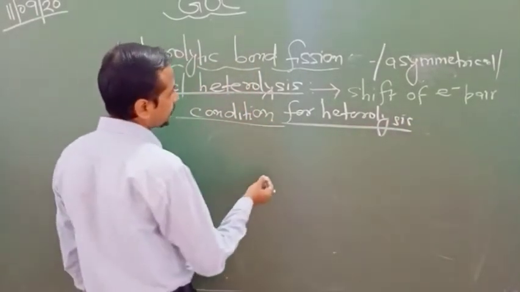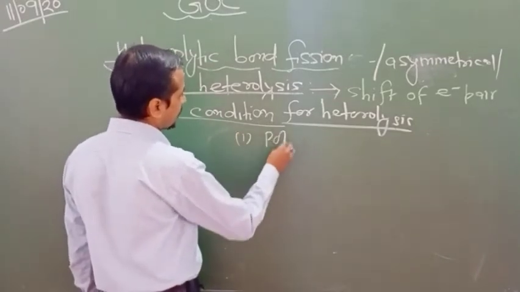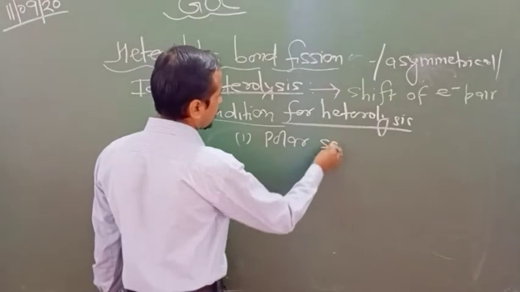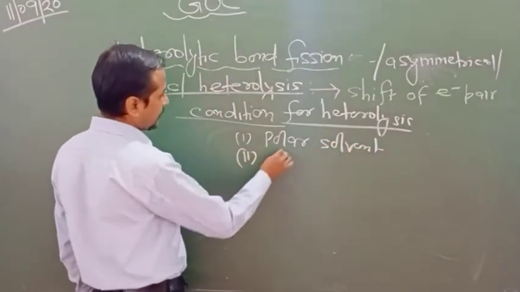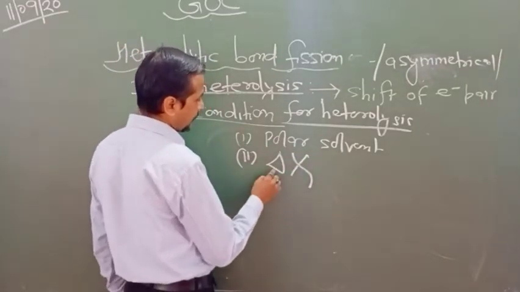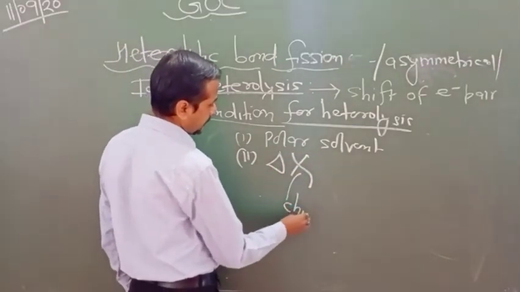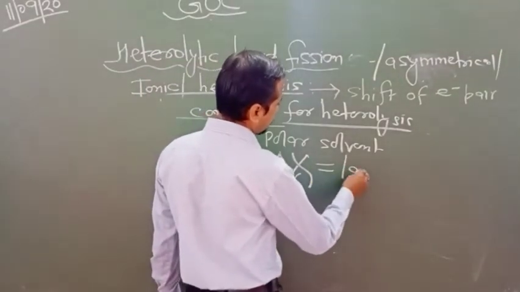Now look here, what happens? First, a polar solvent is required. Then the difference in electronegativity, denoted by chi, the symbol for electronegativity, is very large.